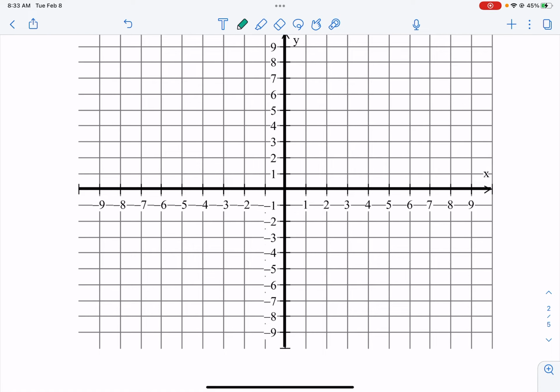So you're going to have a point here, here, I think right here. So you need to type these into Desmos and take a look for yourself. And then we're going to have 3, negative 4, and 5.